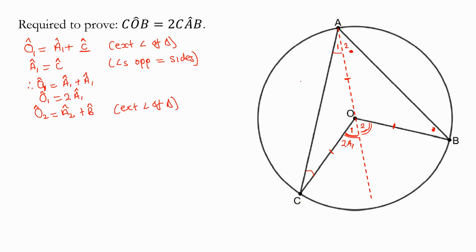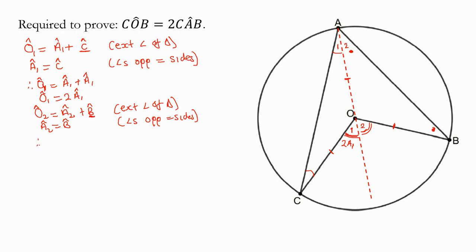But we're saying angle A2 and angle B are equal. Angle A2 is equal to angle B since they are angles opposite equal sides. So we can replace angle B here with angle A2.